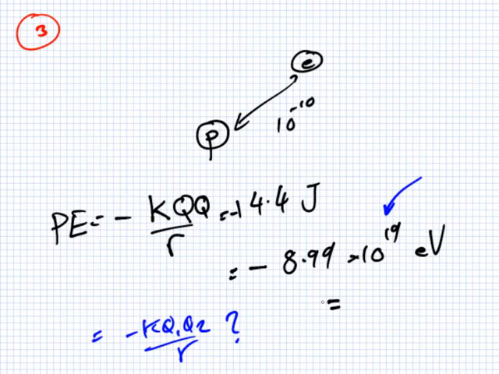So I get a much more reasonable answer. So that should be 14.4 electron volts.